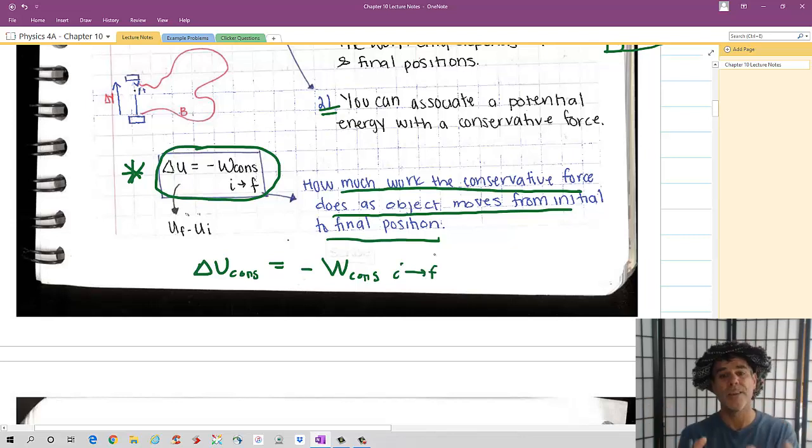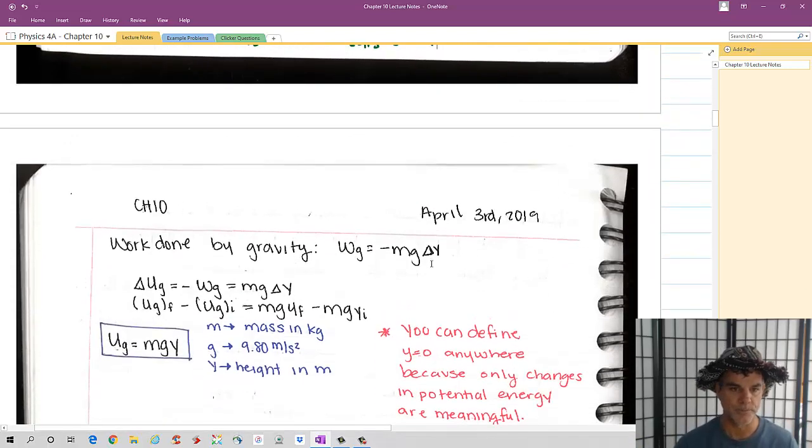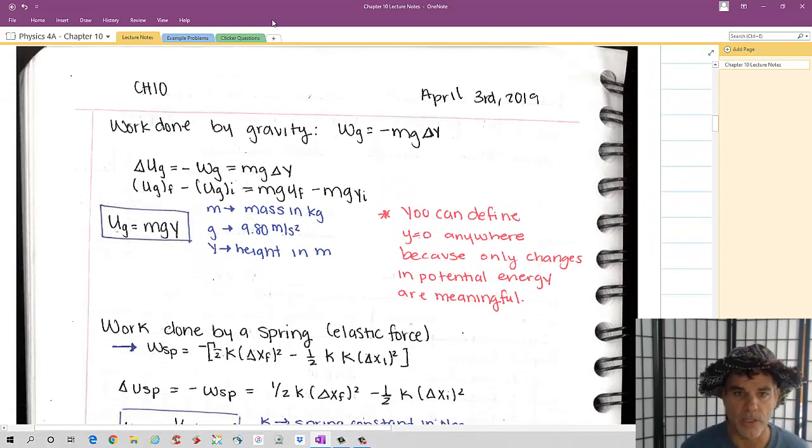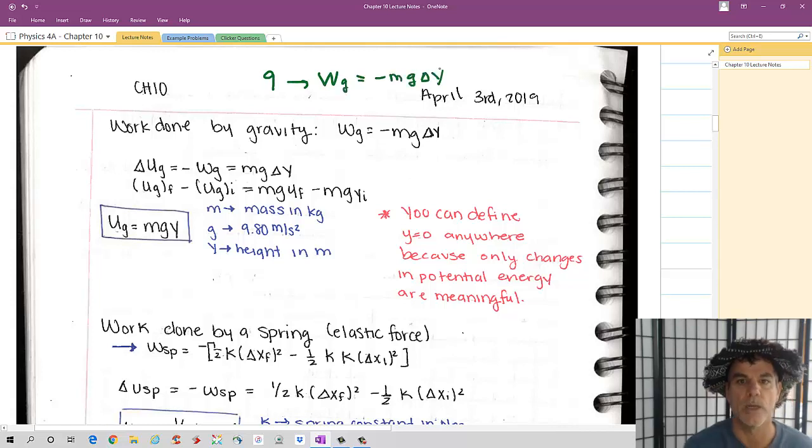So using this definition of the change in potential energy, we're not defining the potential energy, but just how much the potential energy changes. And it's equal to negative the work done as an object goes from its initial position to final position. So we saw in chapter 9 that the work done by gravity is equal to negative mg times delta y.